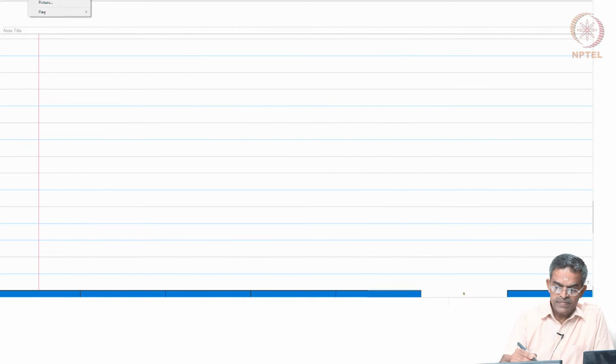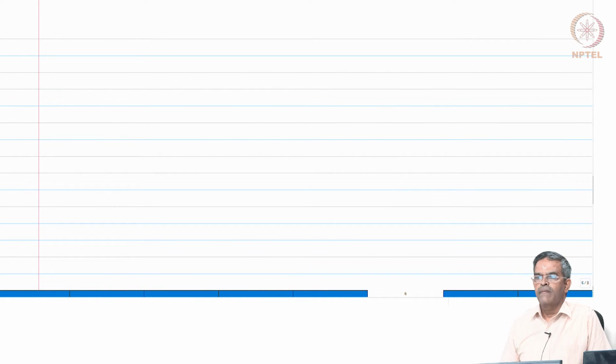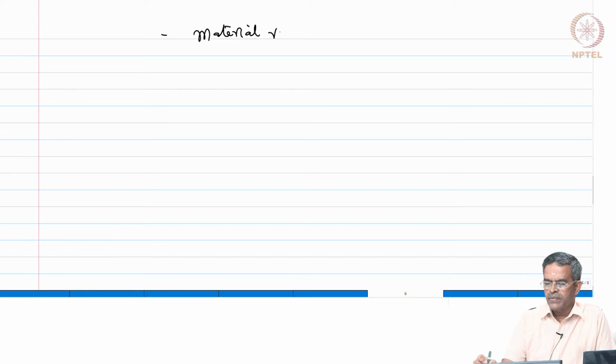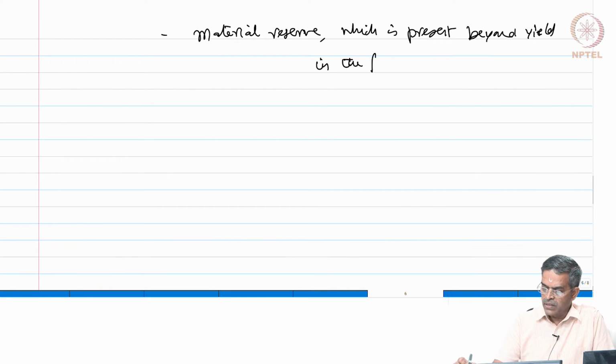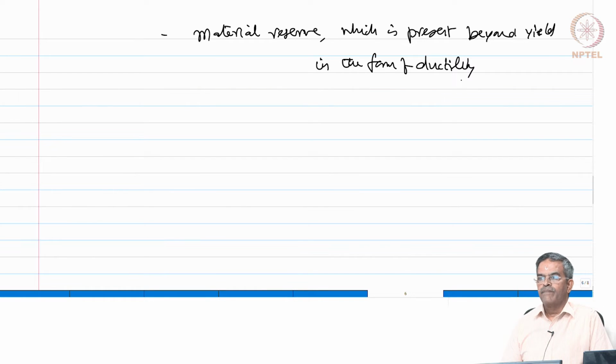Having said this, the material reserve which is present beyond yield in the form of ductility can also add additional resistance, is it not?